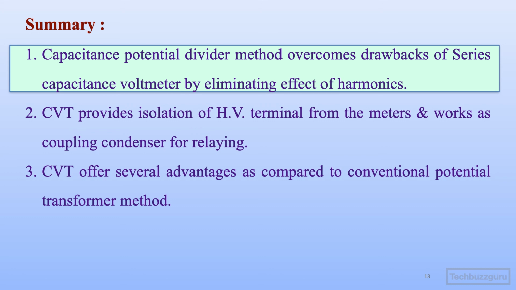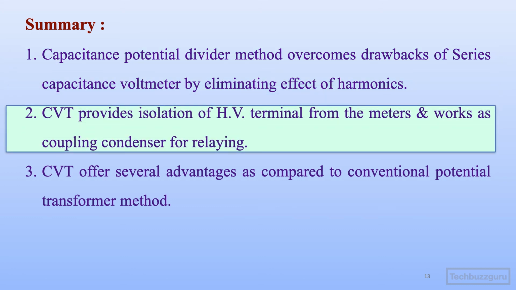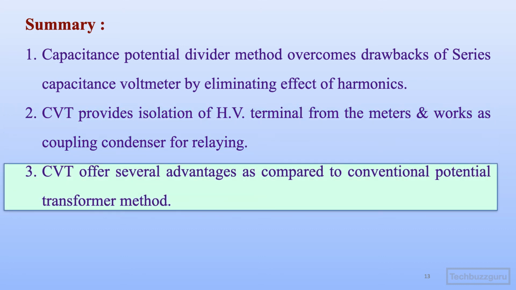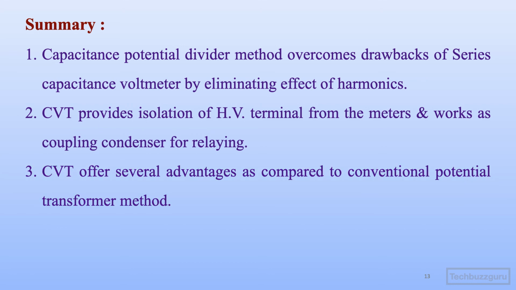And the capacitance voltage transformer provides isolation of the high voltage terminal from the meters, and works as a coupling condenser for relaying purpose as well. And thirdly, the capacitance voltage transformer offers several advantages as compared to the conventional potential transformer method. So keeping these things in mind, we would like to just conclude this video.